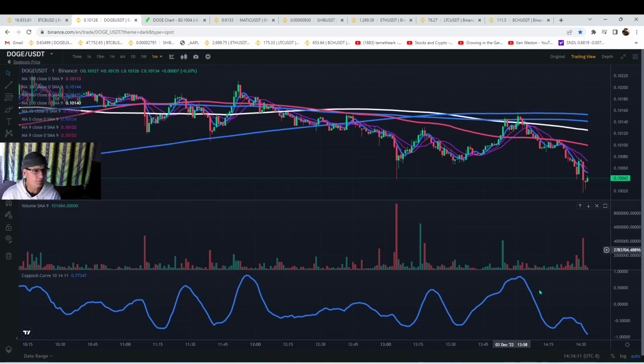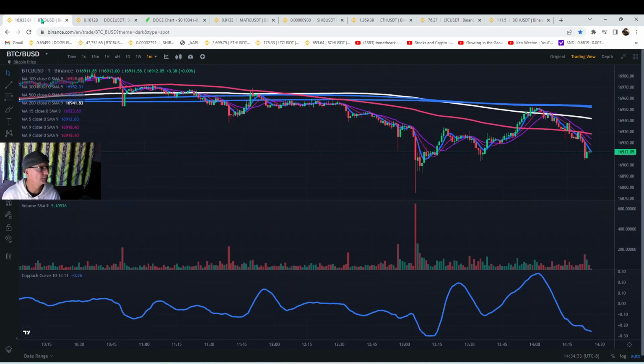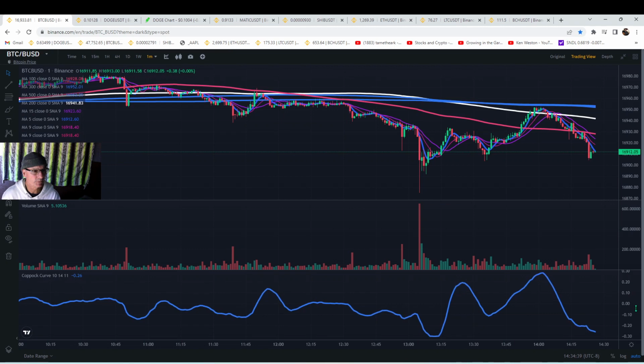On Dogecoin, it's at 0.9, 0.8, and now we're at 1, negative 1, negative 9, negative 1. So that would be like your buy zone per se. Bitcoin, same thing.